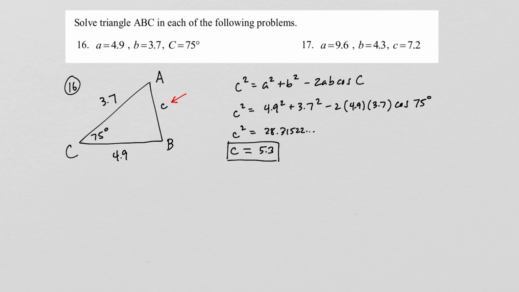Now, once I know the missing value here, I can find the angles by just using the law of sines. And I'm always going to start by finding the smallest angle first. So the smallest angle is B, because B has a smaller side opposite it than angle A. So we know that sine of B divided by 3.7 is equal to the sine of C, which is 75 degrees, divided by 5.3.